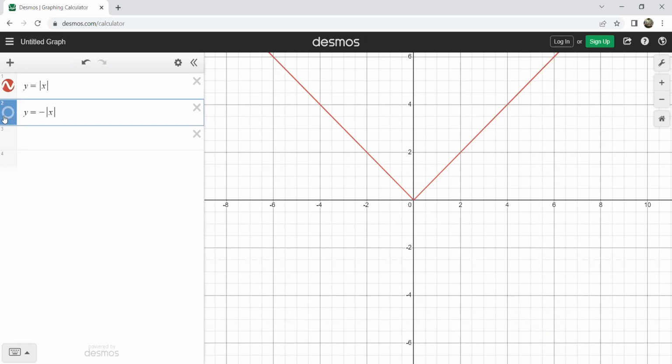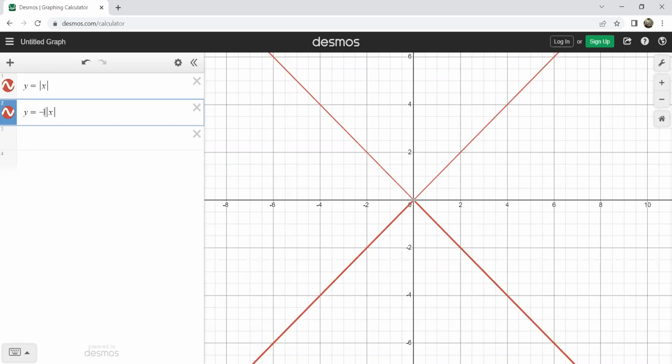As you expect, you see a reflection with respect to the x-axis because you are changing your y value to be negative. Here you are defining y equals negative absolute value of x.